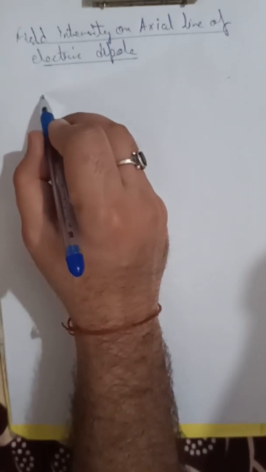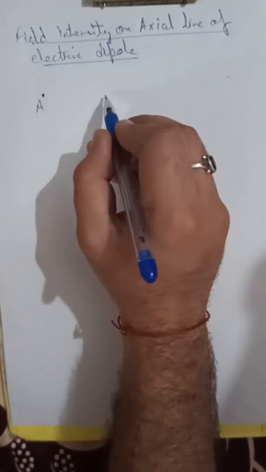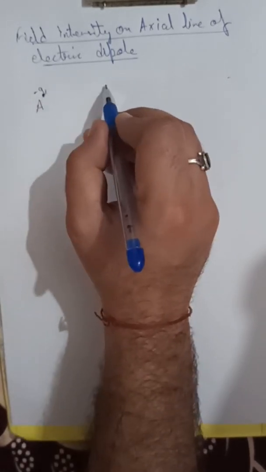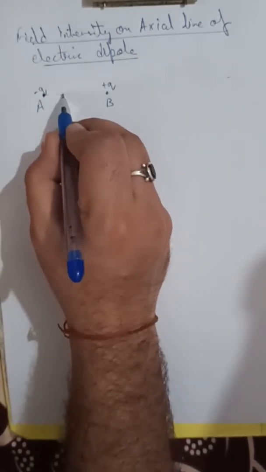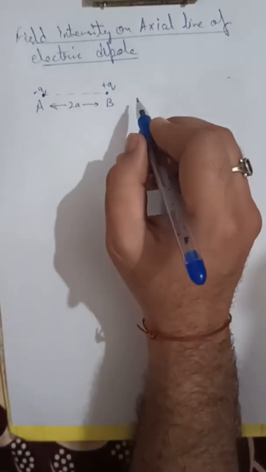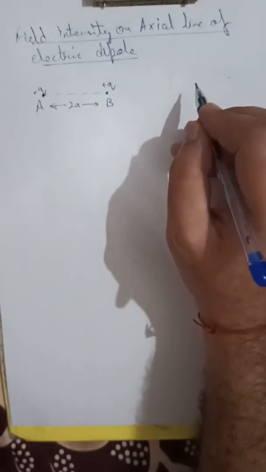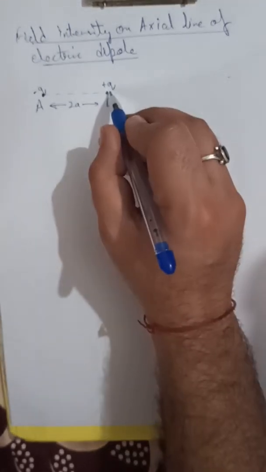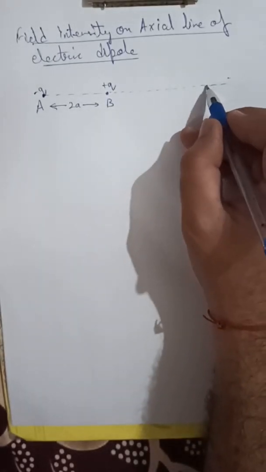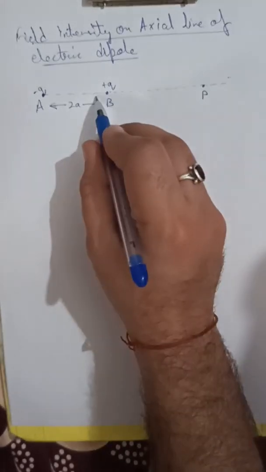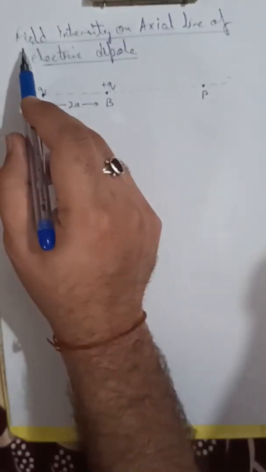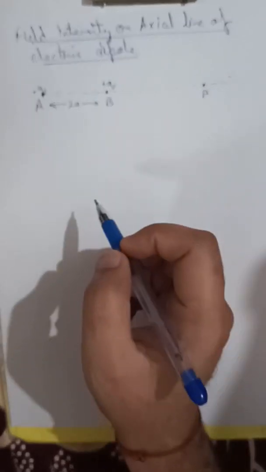For example, we'll solve a question by taking an electric dipole consisting of minus q and plus q charge separated by a small distance twice of a. So on the axial line, that is this line on the axis of this dipole, we take a point P where we have to find the combined effect of both of these on that point. That is the field intensity on the axial line of electric dipole.